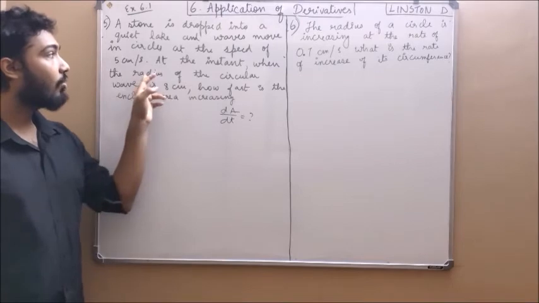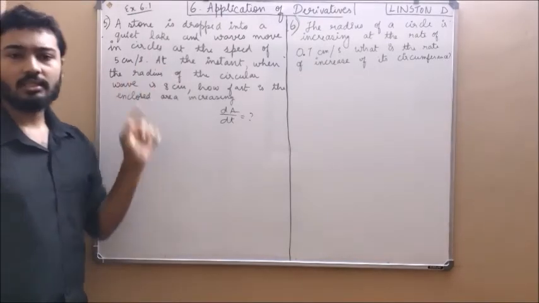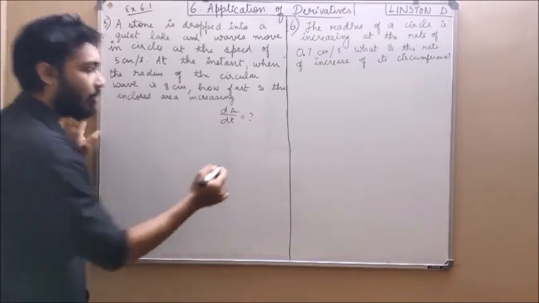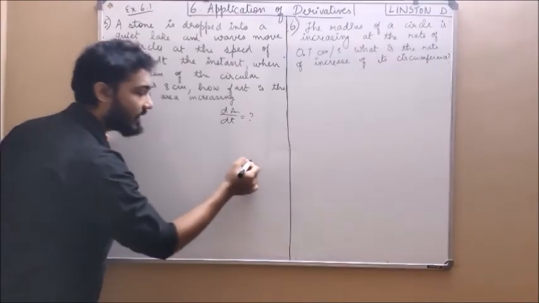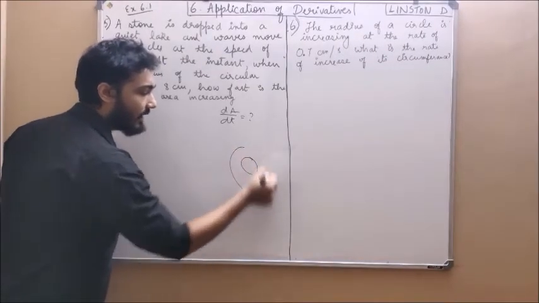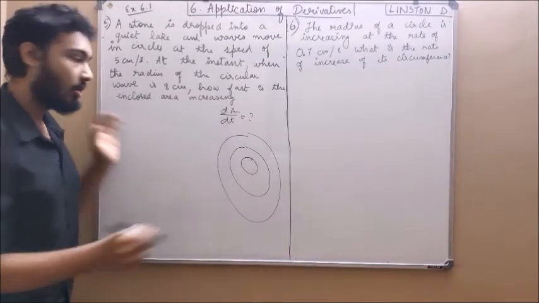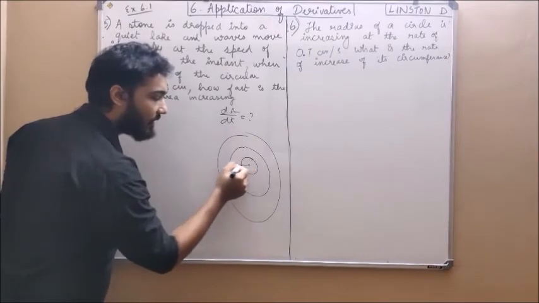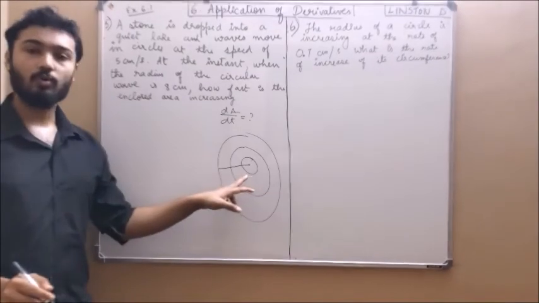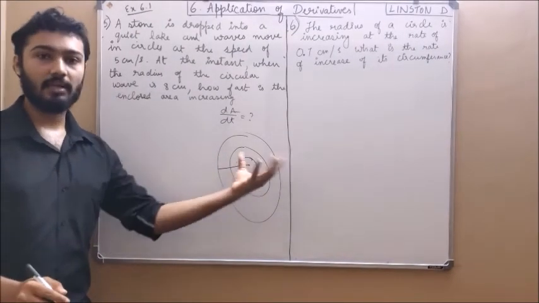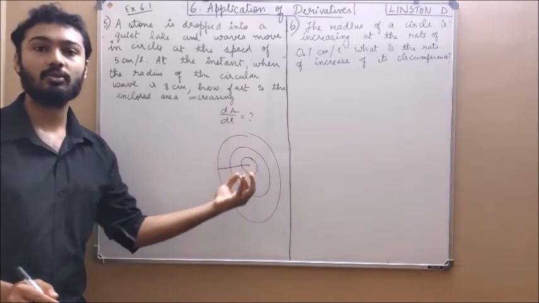Next, what have they given? When a stone is dropped into a quiet lake, like a puddle of water, how will the waves move? You have seen the first wave, second wave, third wave, like this the waves move on. The radius is expanding with respect to time.